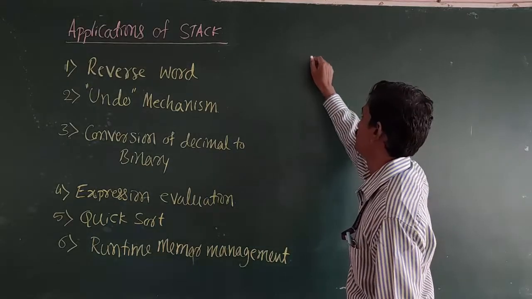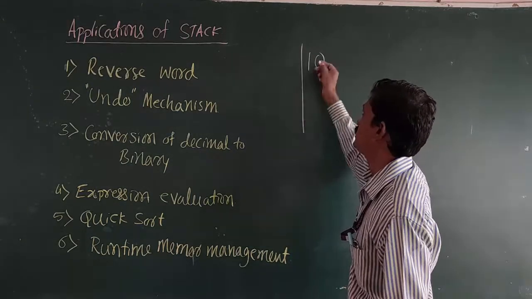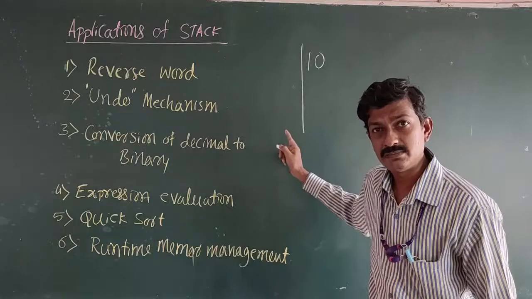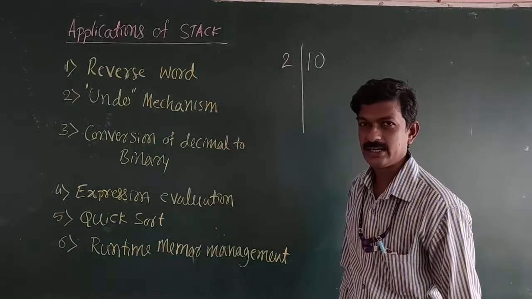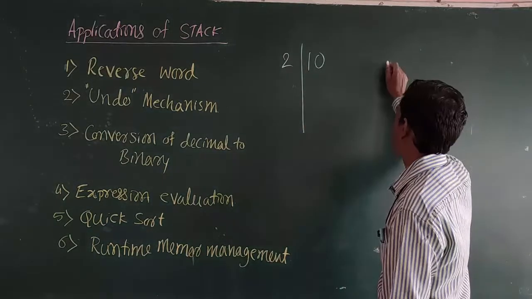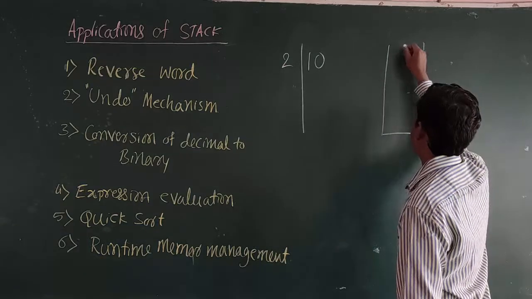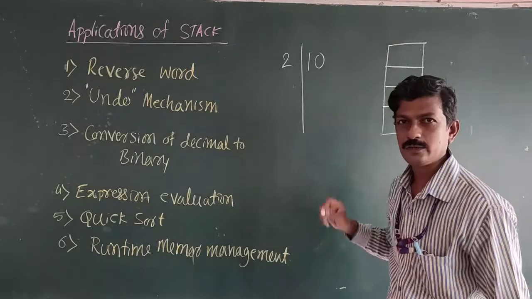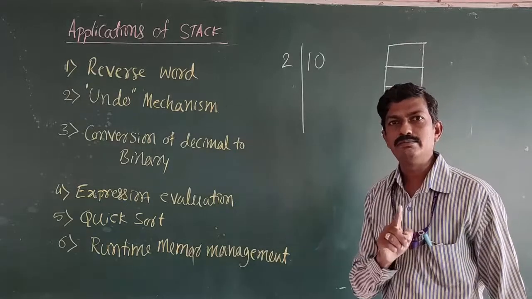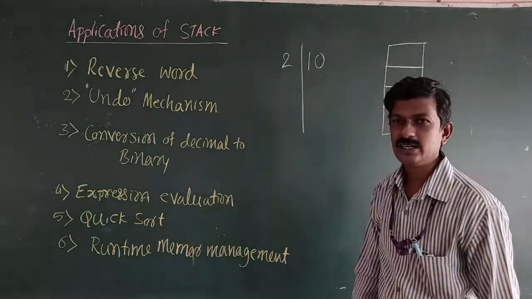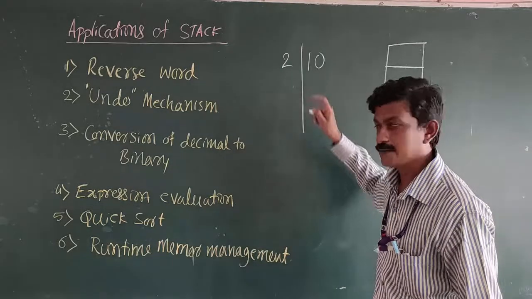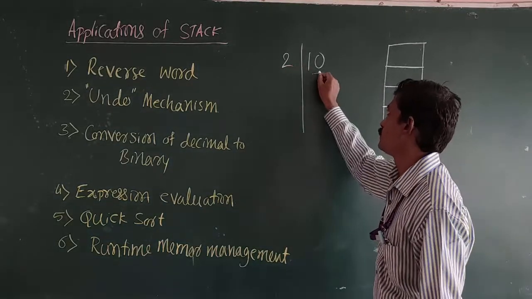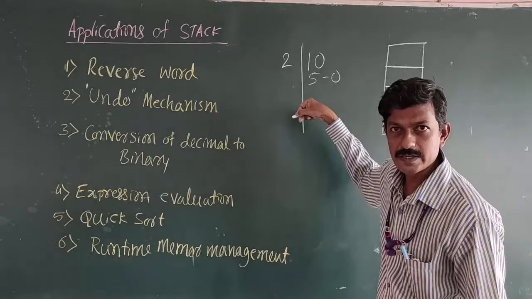Let us consider I want to convert the decimal number 10 to binary. At the same time, I have a stack data structure meant for holding the remainders of this division. 2 fives are 10, remainder is 0.